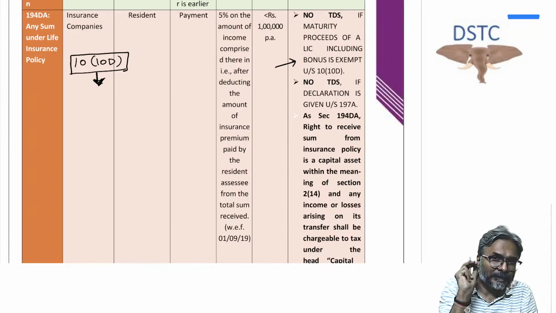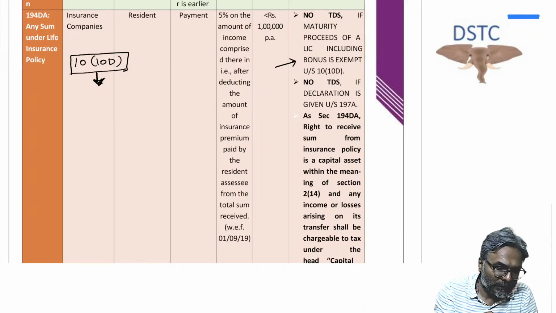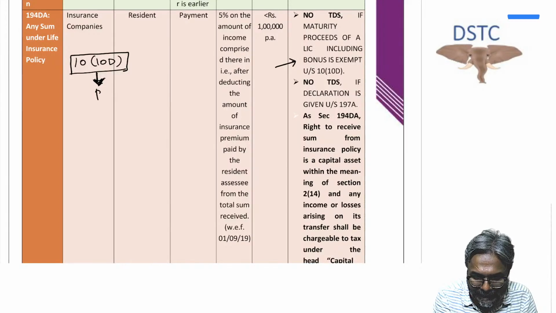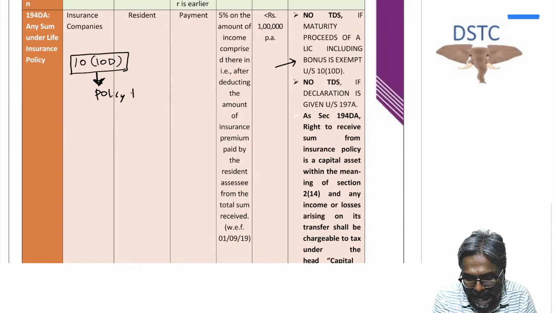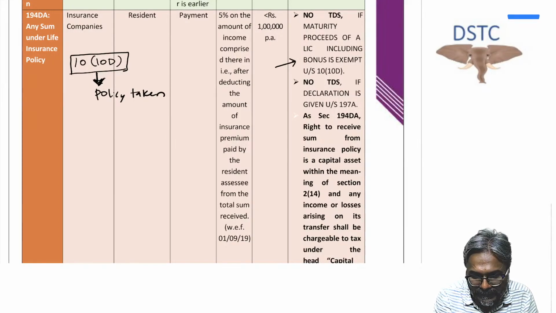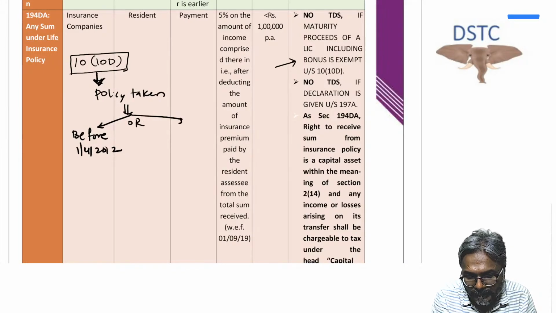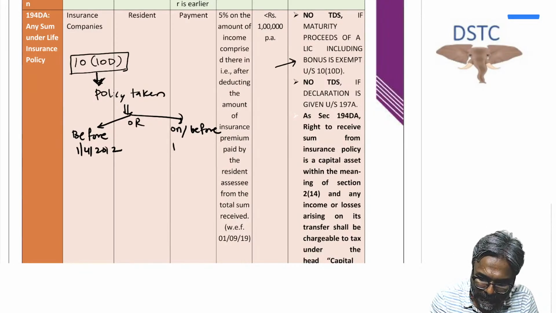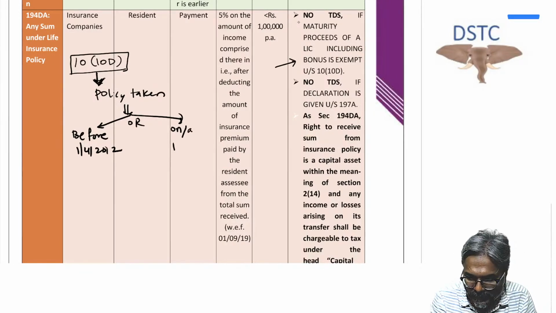policy has been taken. You have to check the date in the question. So the policy taken in this context has to be either before 1st April 2012, or on or after 1st April 2012.